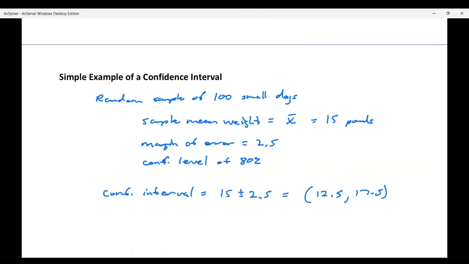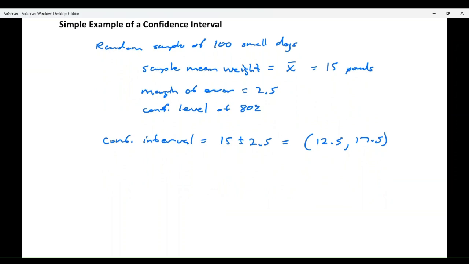And so what this means is that I believe at that 80% confidence level that if I were to weigh all small dogs that exist, the average weight of all of those small dogs would be somewhere between 12.5 and 17.5. So let me go ahead and write out how exactly we interpret this.